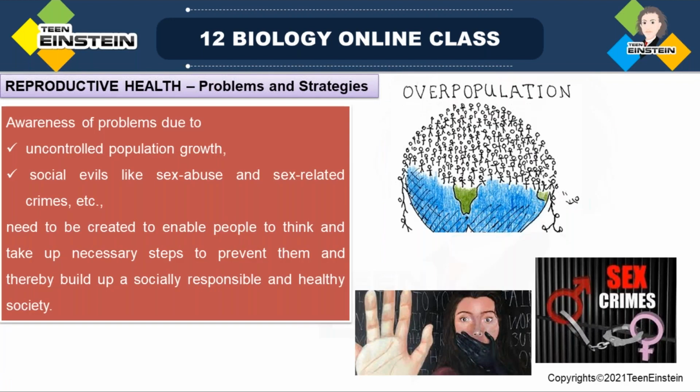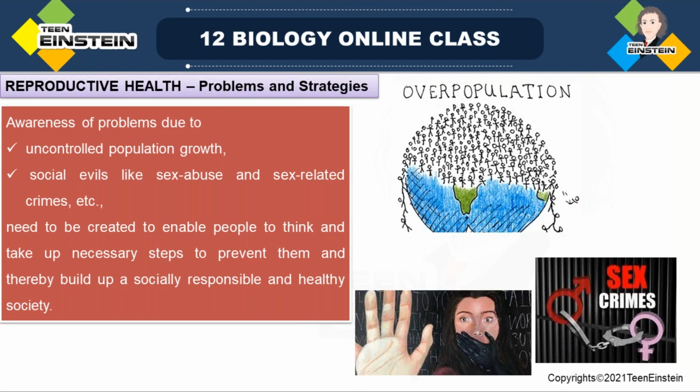Next, awareness of problems due to uncontrolled population growth. Then social evils like sex abuse and sex related crimes. We should give awareness of the problems due to uncontrolled population growth. See, the population growth that is uncontrolled. Nowadays, the population is increasing, so we should give awareness.